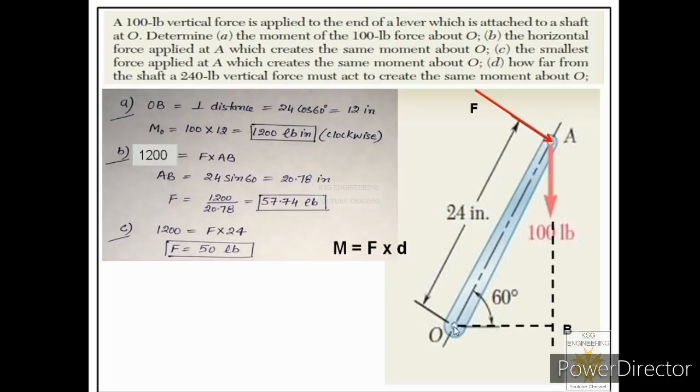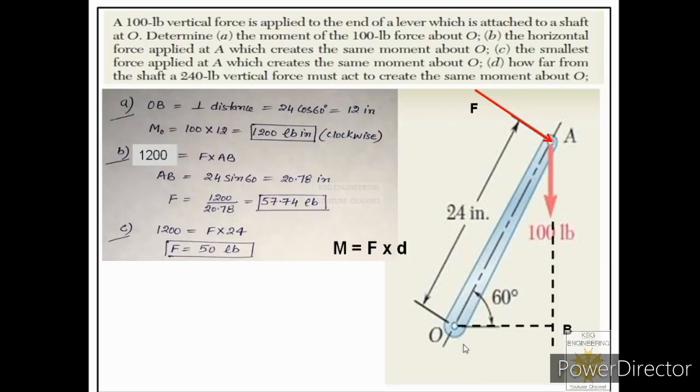It means we have to locate a point on the lever from O, and when we apply a vertical force of 240 pounds at that point, the moment should still remain the same.